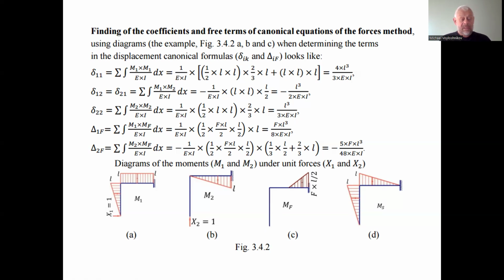I think we can find the free summand of the second canonical equation using the Mohr integral, the total of the segments of the considered arm.